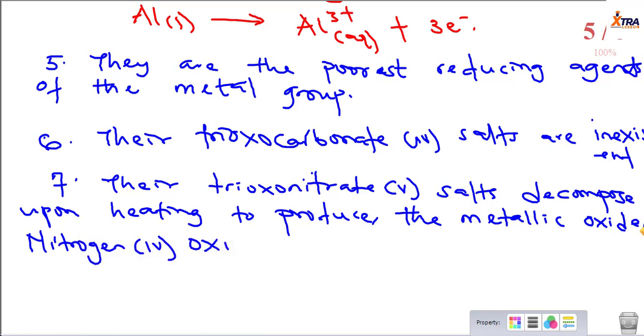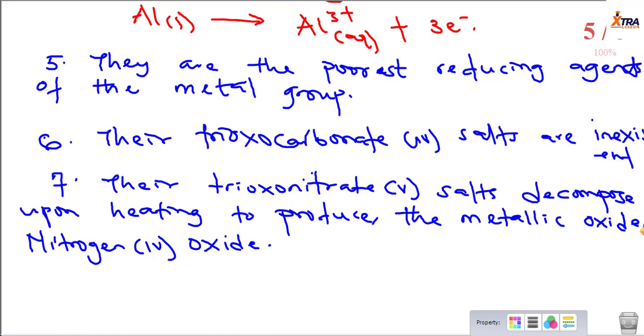Now you can see group 2 elements produce nitrogen(II) oxide. Group 1 didn't even produce nitrogen(IV) oxide at all. Group 3 produced nitrogen(IV) oxide. You can see the gradual trend in terms of reactivity, because group 3 are the weakest, so they produce nitrogen(IV) oxide, and they even give off oxygen gas.